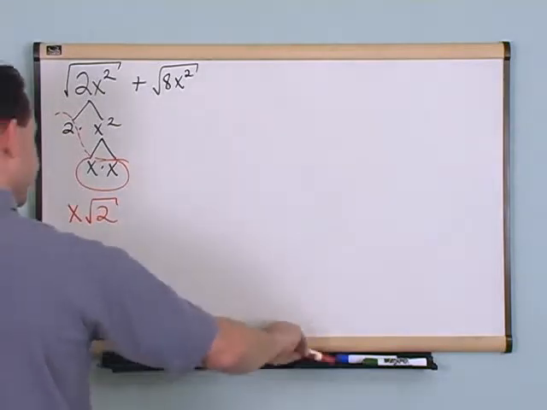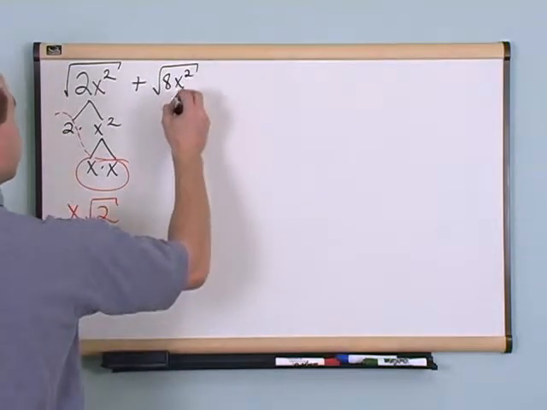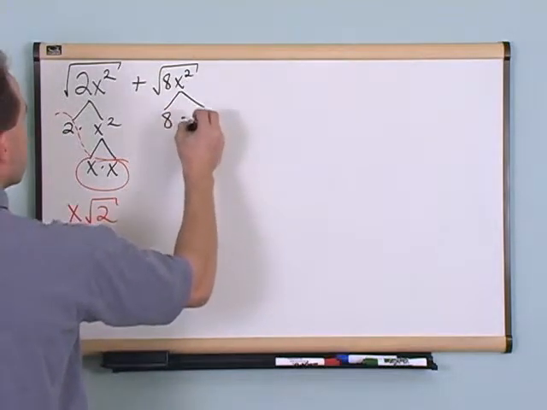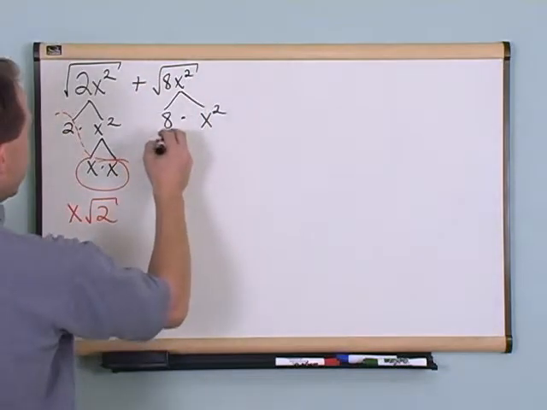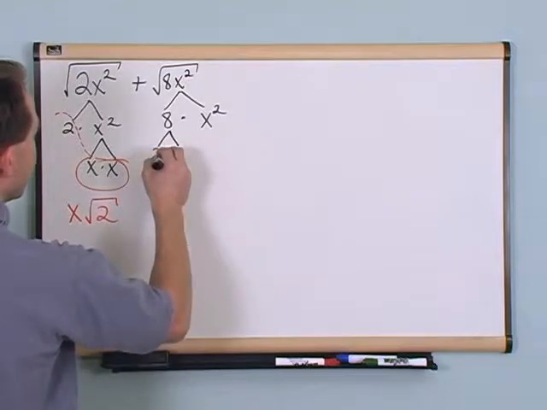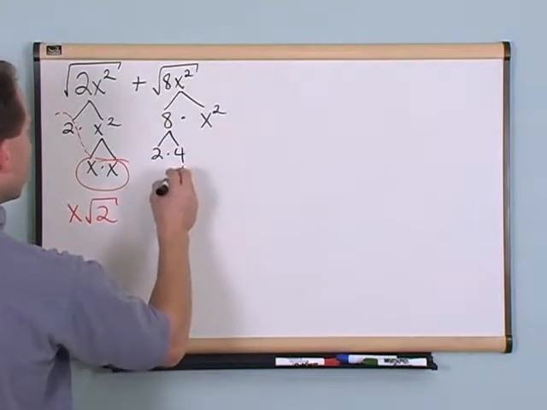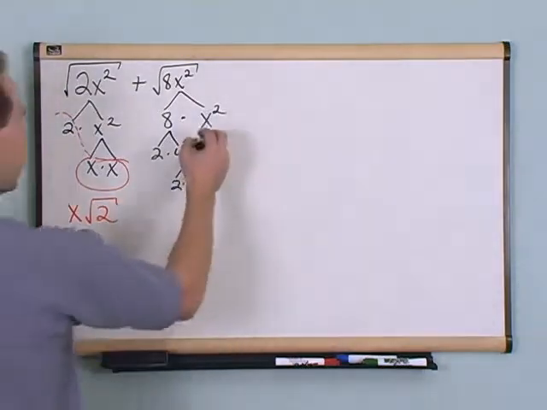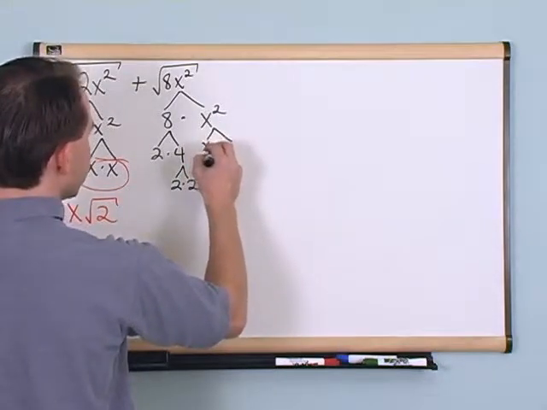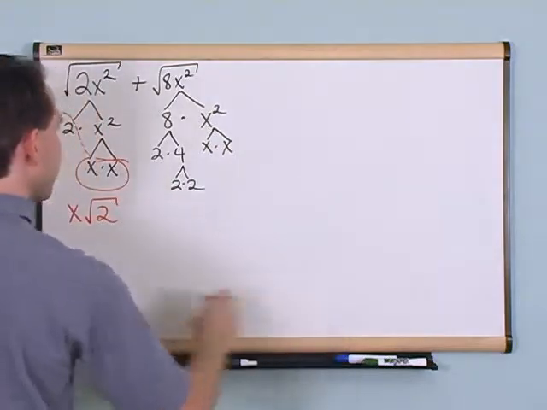Likewise here, this is going to be 8 times x squared. Okay? 8 is just simply 2 times 4. 4 is just simply 2 times 2. I can't do anything more with that. And x is just x times x.